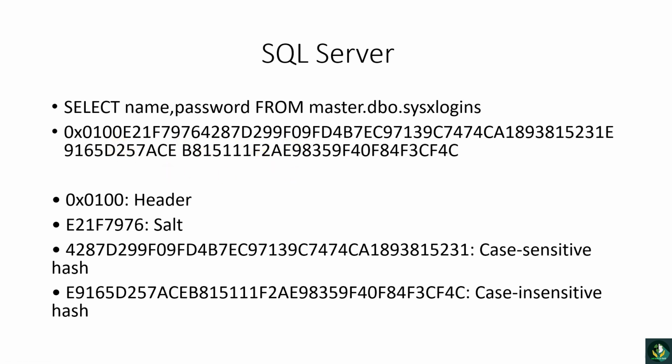This hash can be split into a couple of parts. Each hash is generated using the user password and salt as input for the SHA-1 algorithm. David Litchfield performed a full analysis of the hash generation of SQL Server 2000, and you can go and check that out.